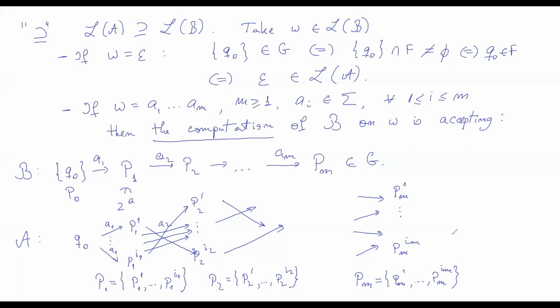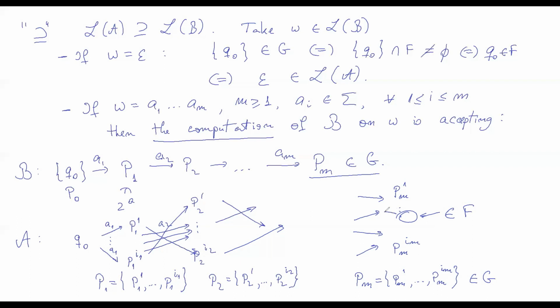And now the punchline is to recall that Pm is in G, so that means that this set is in G. And from the way we have defined the set G, it means that at least one of them, maybe this one here, is in F. That gives you the accepting computation.